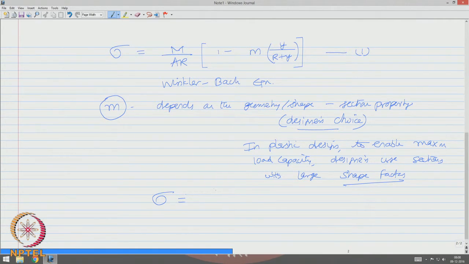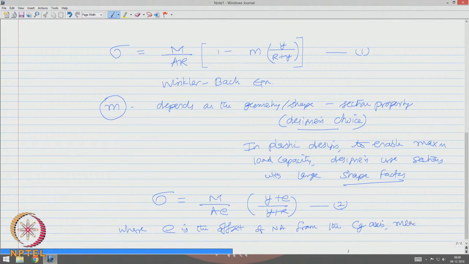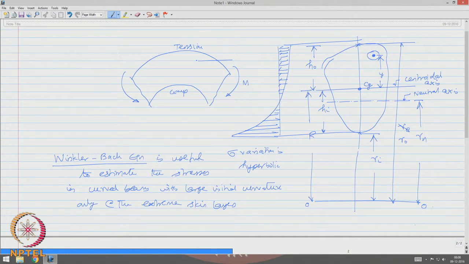Stress can also be said as M by A e times y plus e by y plus r, where e is the offset of the neutral axis from the centroidal axis, measured towards the center of curvature. That is, this is my e.